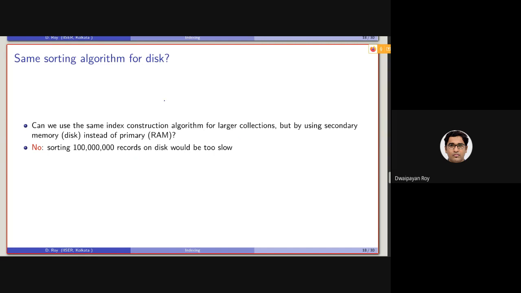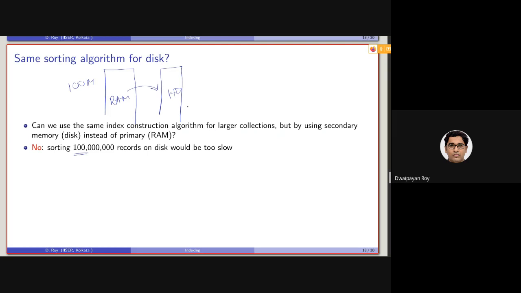Because as we have seen, this entire list of say 100 million tokens, if we somehow store them from the RAM in the hard disk, and if we apply this same algorithm, why will this not be effective, or why would it take a very long time?